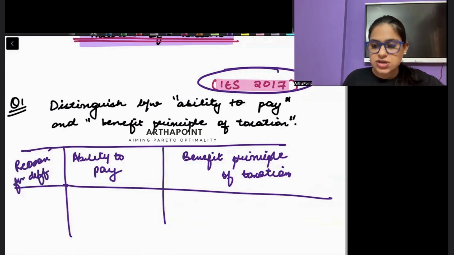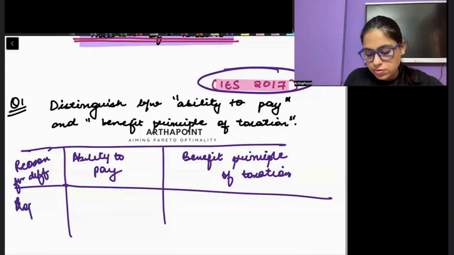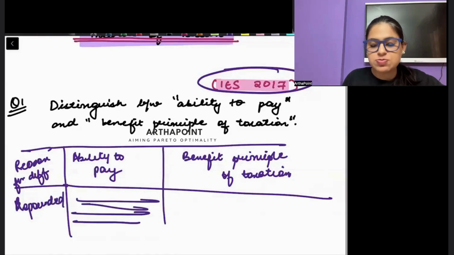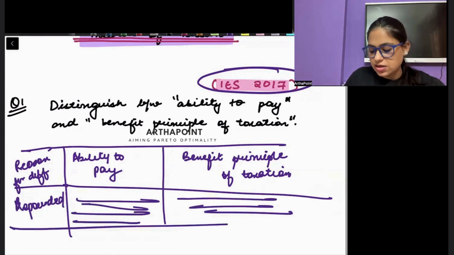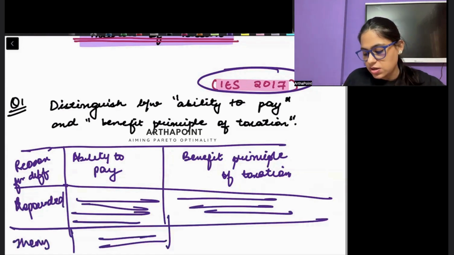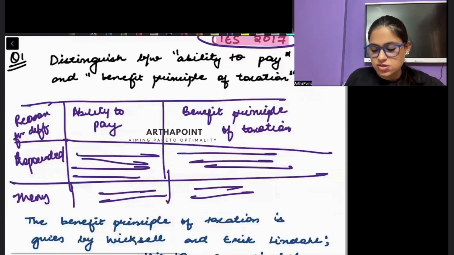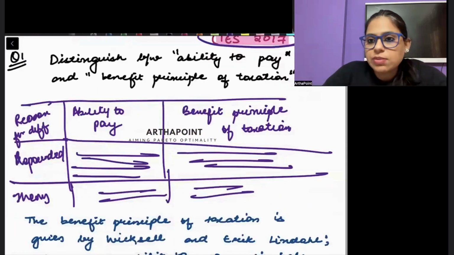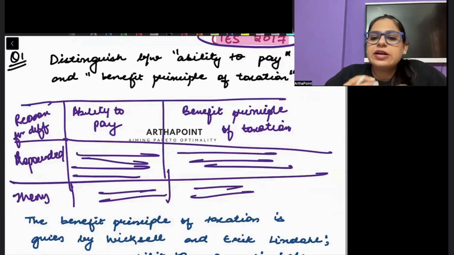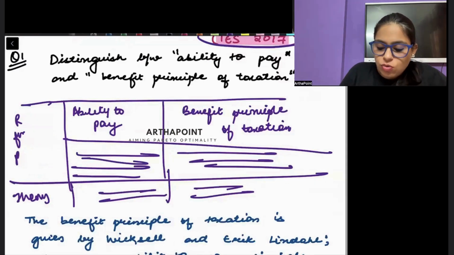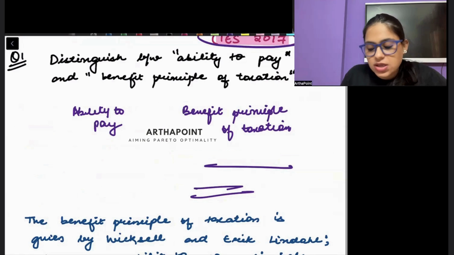And then you will start: first of all, who propounded? You will say that the ability to pay principle was propounded by this person, and then what is the theory behind it, and then the advantages, and then the disadvantages. Like that, you can make a table and answer. It will absolutely be correct if you want to answer in this format. There is nothing wrong with it.